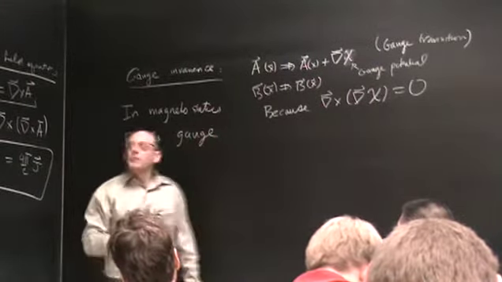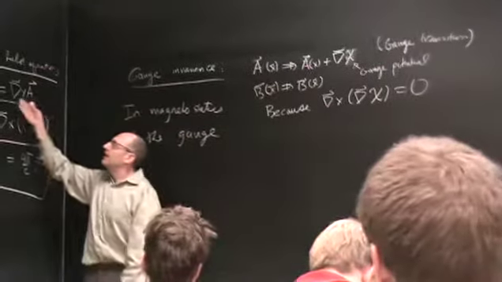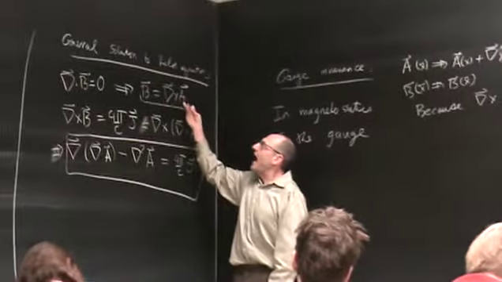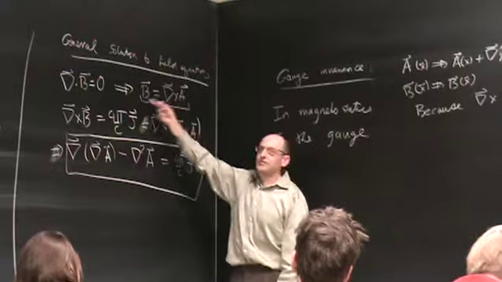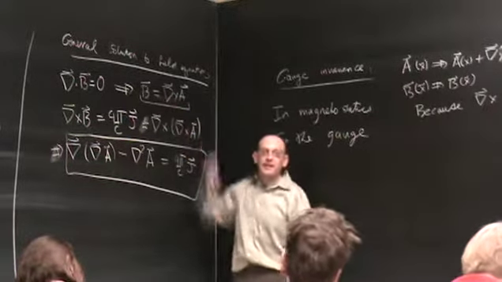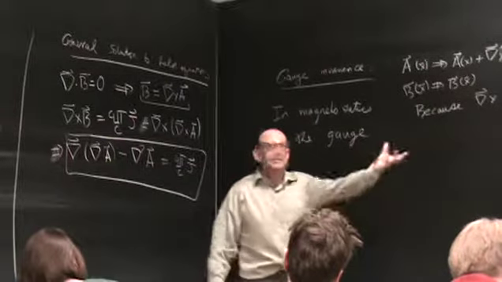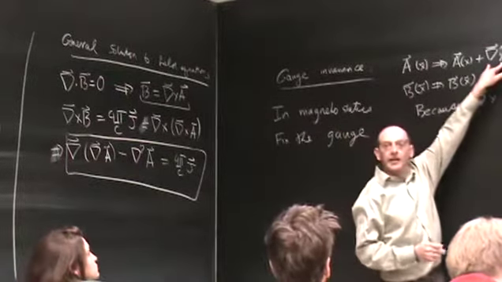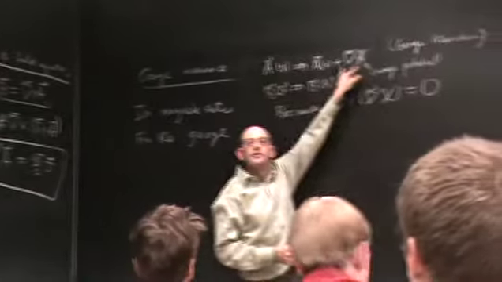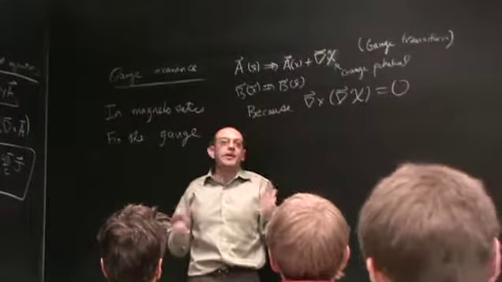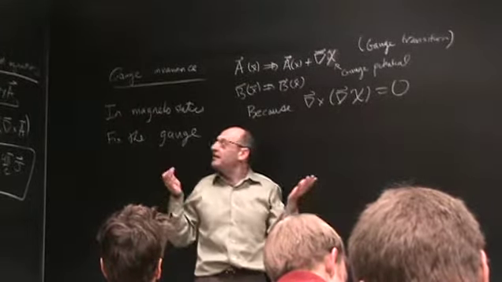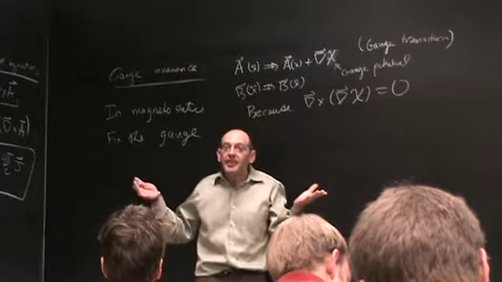You see, what the curl of A has to be is fixed: it has to be equal to B. But the divergence of A is completely arbitrary, and we can shift it around by different choices of gauge. So fixing the gauge is another way of saying, what are you going to make the divergence of A? Make it something.